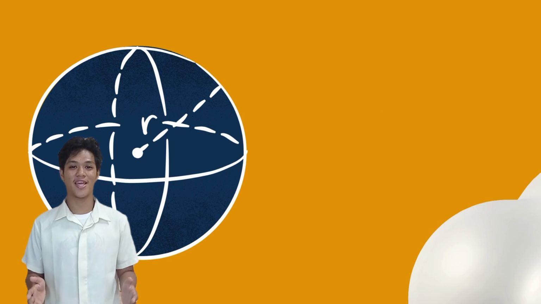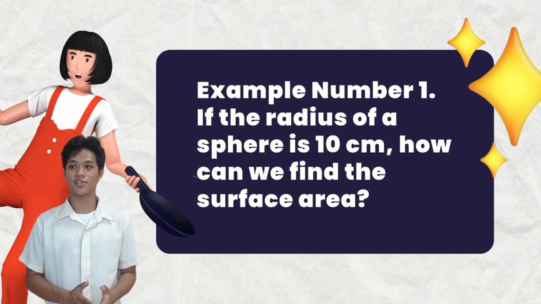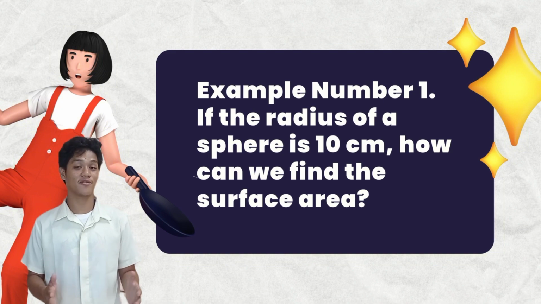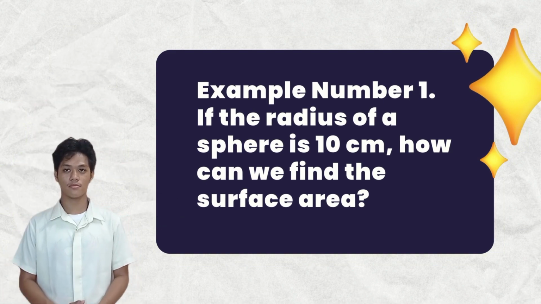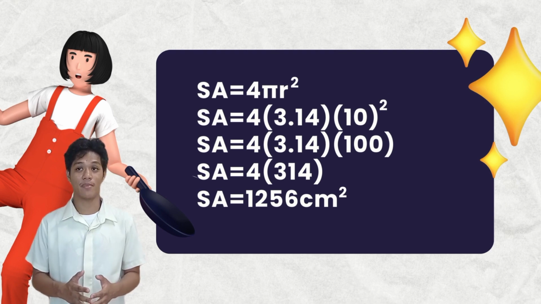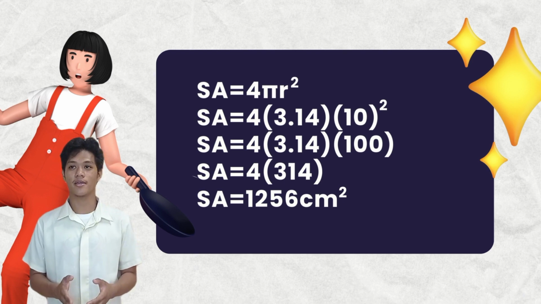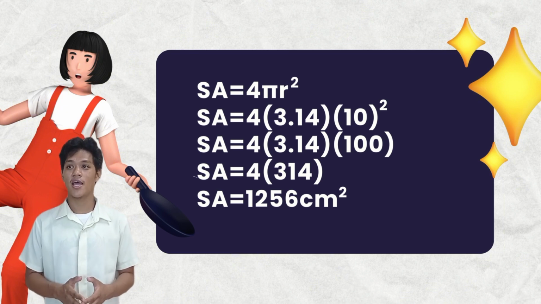Now let's move on to the examples. If the radius of a sphere is 10 centimeters, how can we find the surface area? We know that the surface area of a sphere is given by surface area equals 4 pi radius raised to 2. For the given sphere, the radius is 10 centimeters.